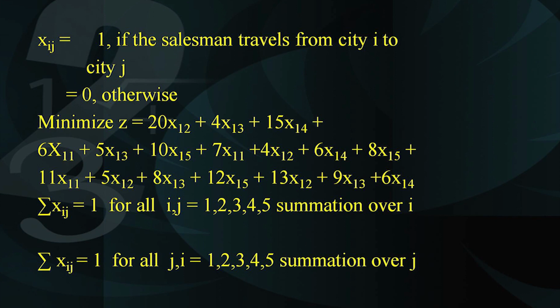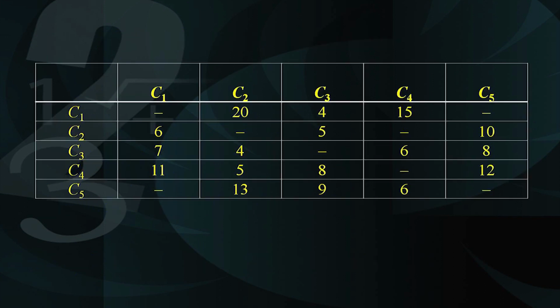Please note that there is no entry corresponding to x11 because in the matrix there was a dash entry in the x11 column. So, that is the reason why we will start with x12. So, 20 times x12, 4 times x13, look at the table, 4 times x13 and like that, 15 times x14, etc. So, the entire expression for the objective function can be obtained like this.